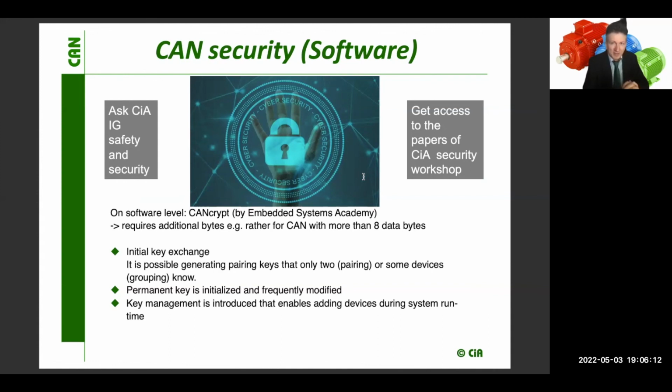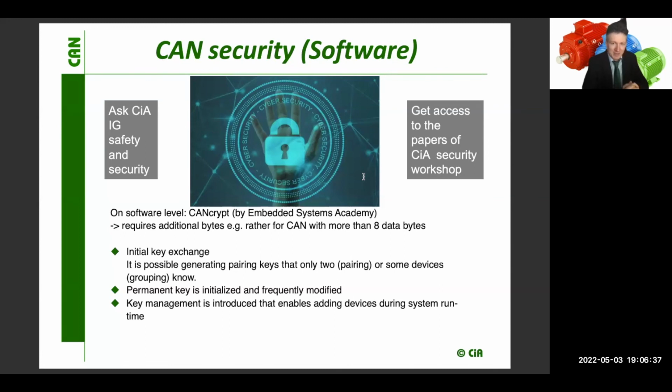Another thing is software, which requires a little bit more finesse. There is a software, CANcrypt, developed by Embedded Systems, which allows key exchange, private and public keys, and generating pairing keys over the network.